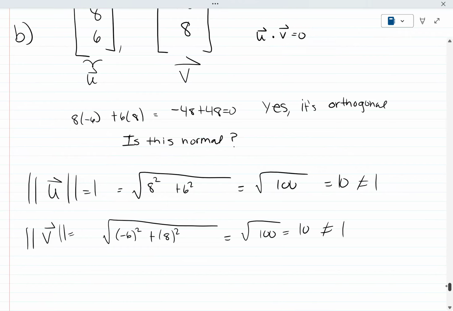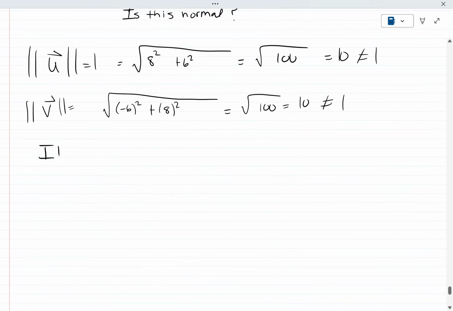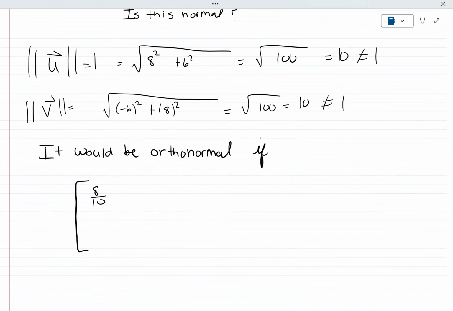So that means it would be orthonormal if these were your vectors: 8/10 and 6/10 for the first vector, and -6/10 and 8/10 for the second one.